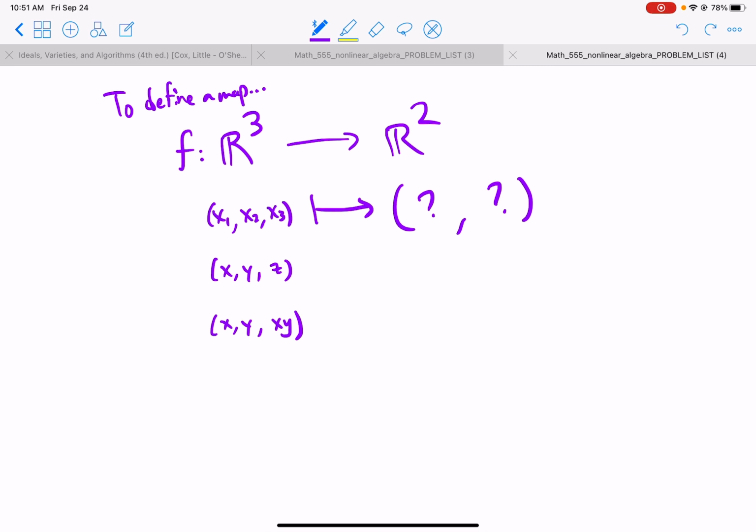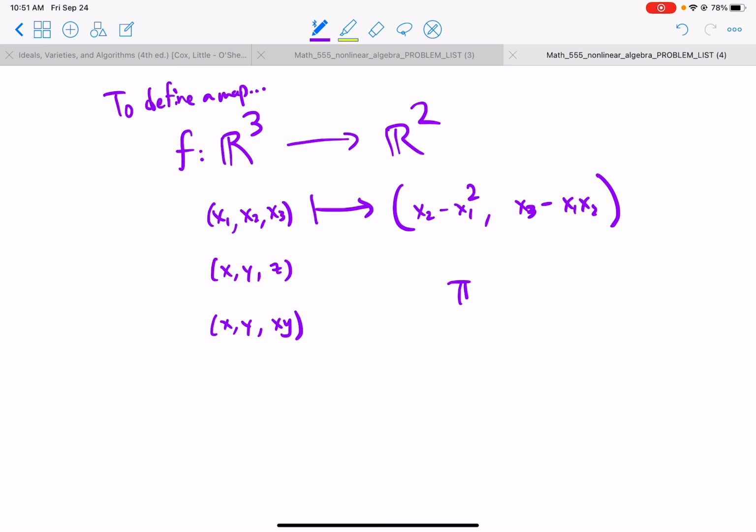And the formulas need to be in terms of the names I chose. So I couldn't write, well, this would be the 0 map. It sends every point to 0. But if I write x2 minus x1 squared, x3 minus x1, x2, this is your observation. This is a different map than before, but it's still going to work.